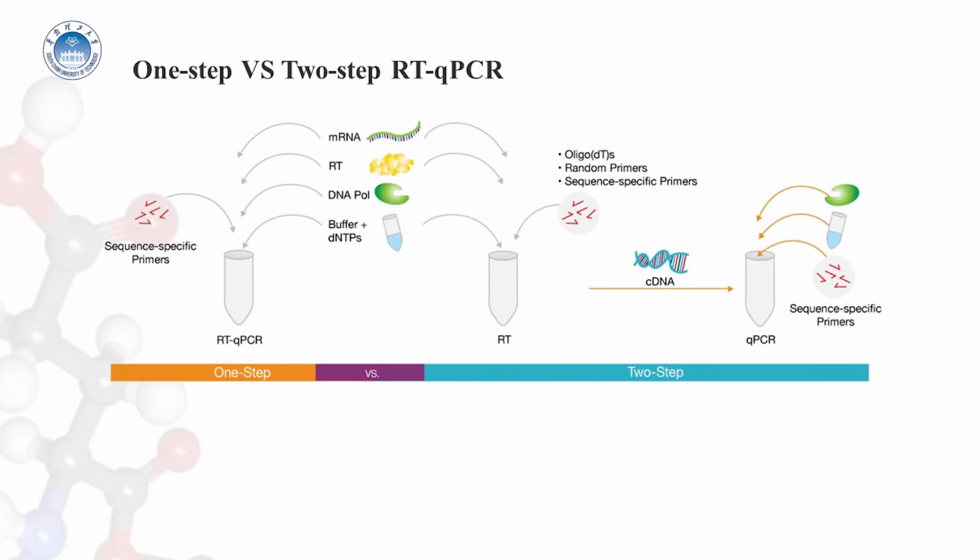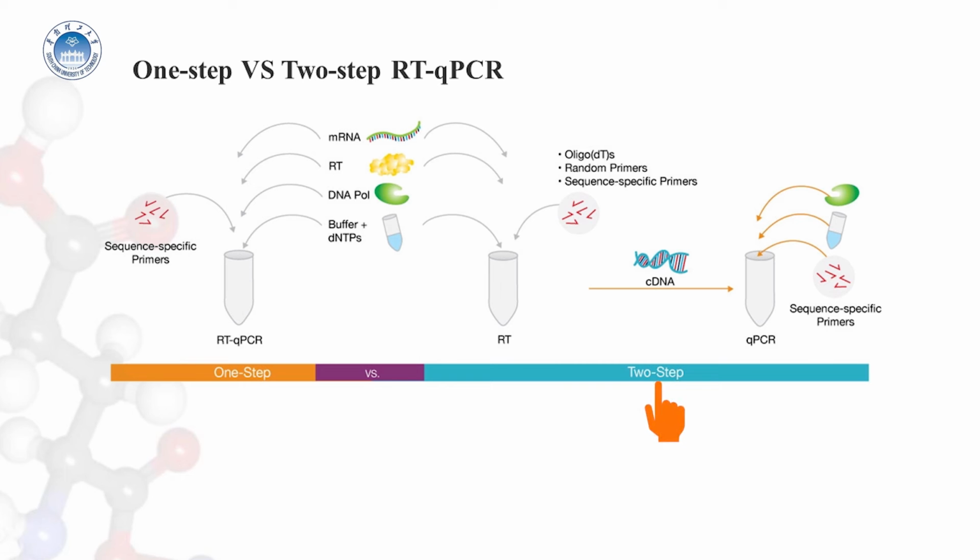RT-PCR can be performed in a one-step or two-step assay. One-step assay combines reverse transcription and PCR in a single tube and buffer, using a reverse transcriptase along with DNA polymerase. The one-step RT-PCR only utilizes sequence-specific primers.